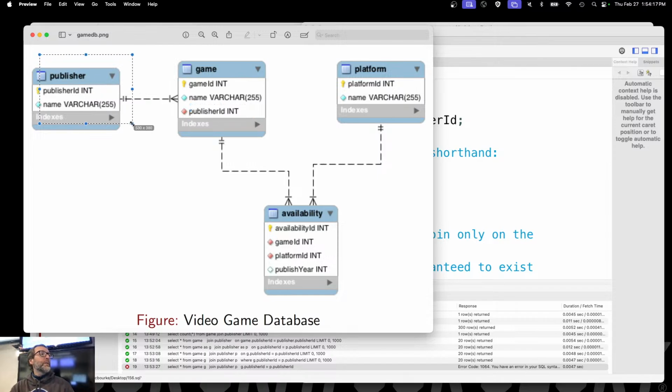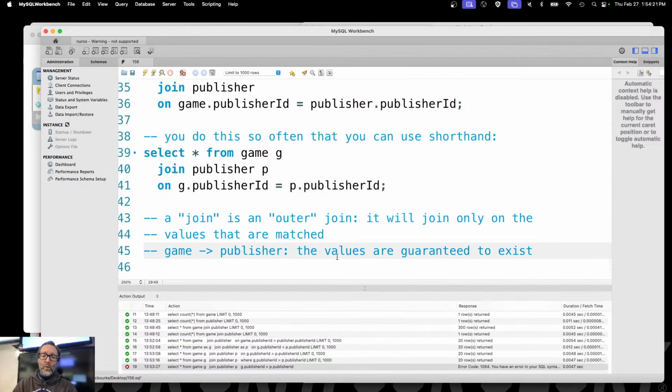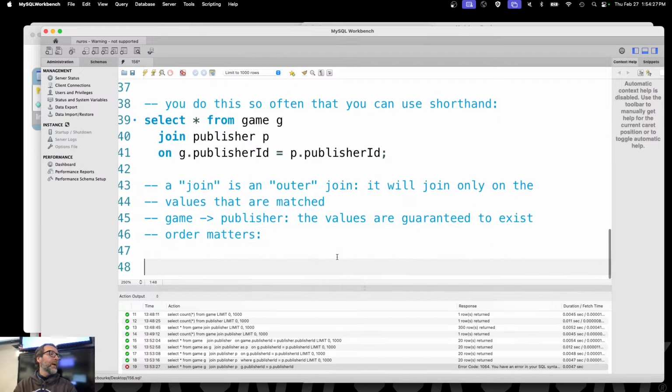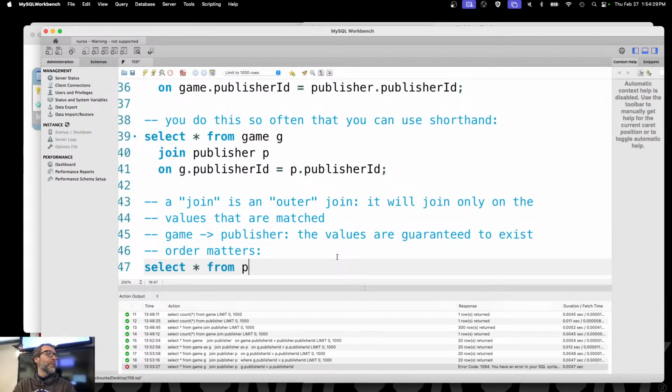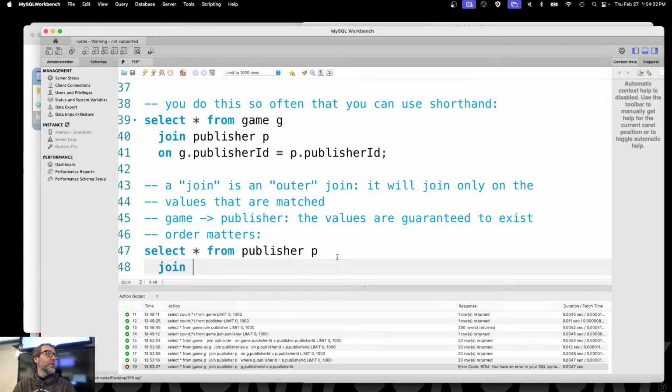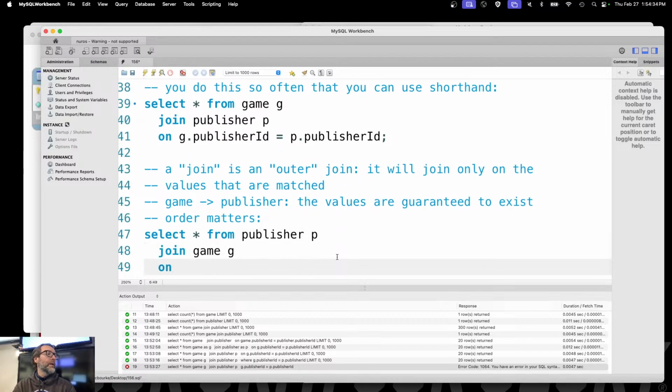Now, what about going from the other way? What about going from the publisher to the game? Right? So order matters. Let's go ahead and go the opposite direction here. What if I were to select everything from publisher P, then join game G on P.publisherID is equal to G.publisherID.